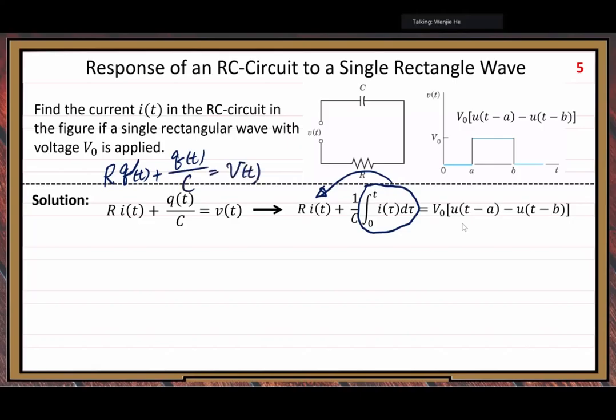So you have an ODE of a different form, right? But currently, we use the I form, not the q form. So there are two forms you can write. So you have two different ways to solve this problem. Both work.